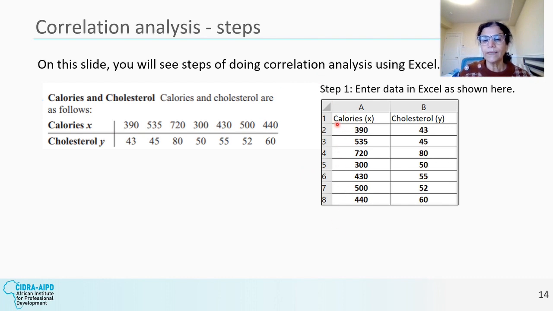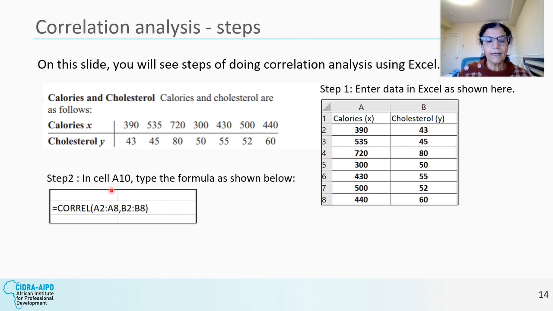Put headers for each column, calories and cholesterol, and enter the numbers one by one. After you enter data, go back to the given data set and check if you entered them correctly. 393 paired with 43, 535 paired with 45 and so on.